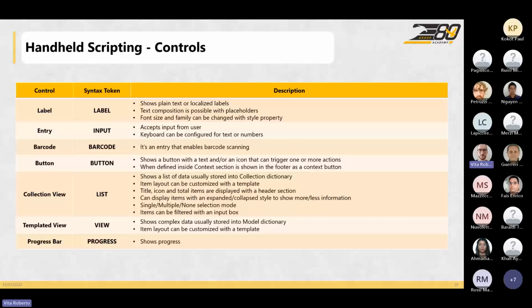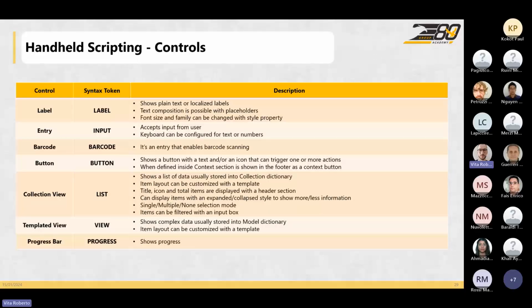list. So we called it list. You can show a list of data. Usually this data is stored into the collection dictionary, as we said. Item layout can be customized with a template that is integrated in the graphic asset of the application.